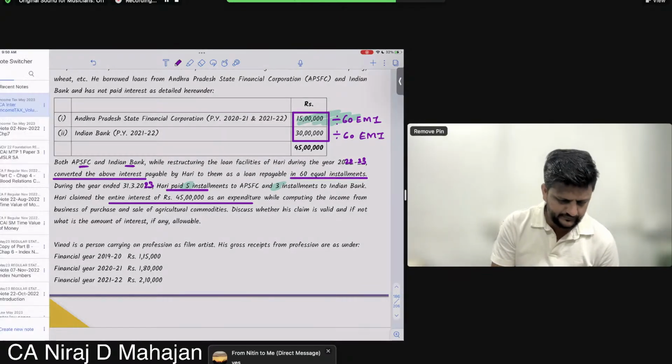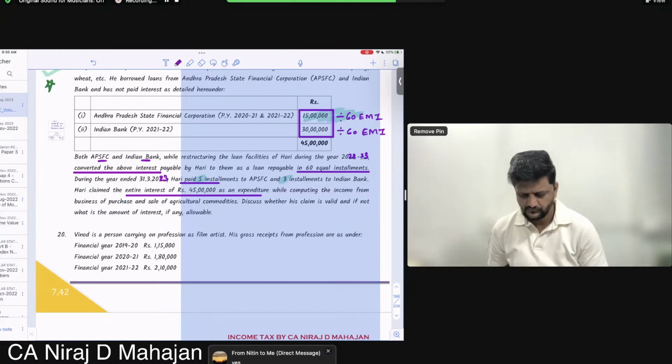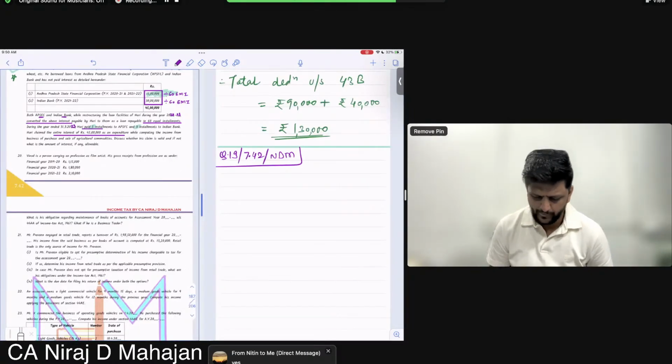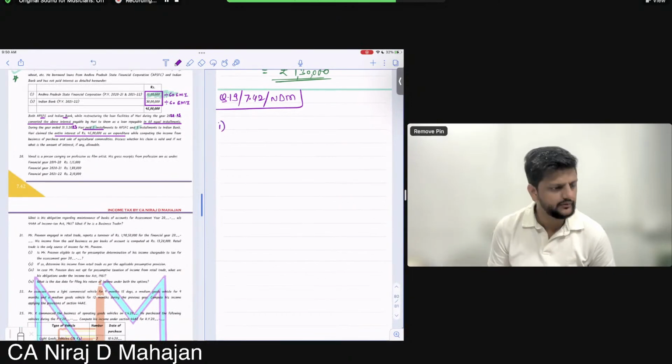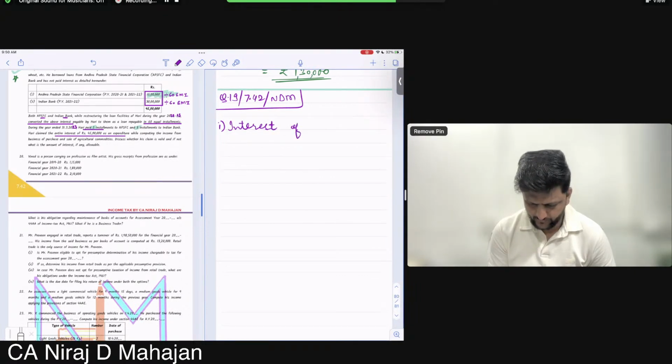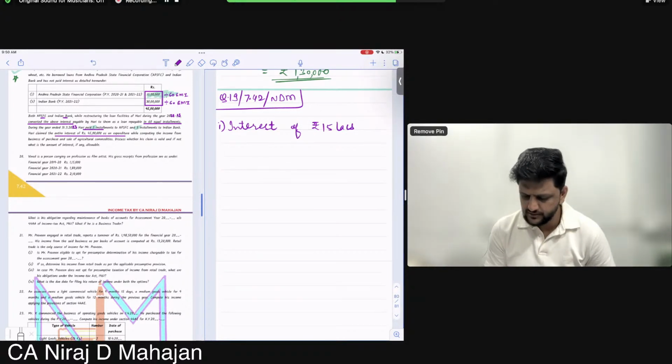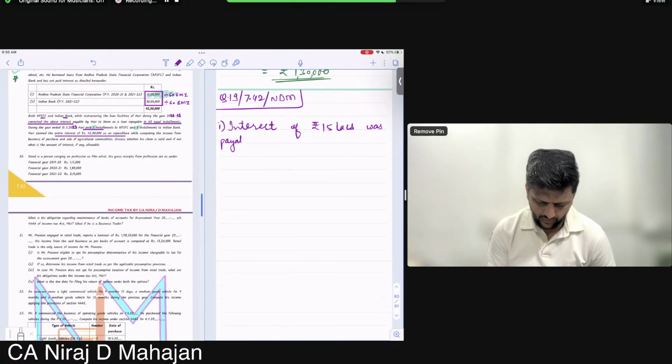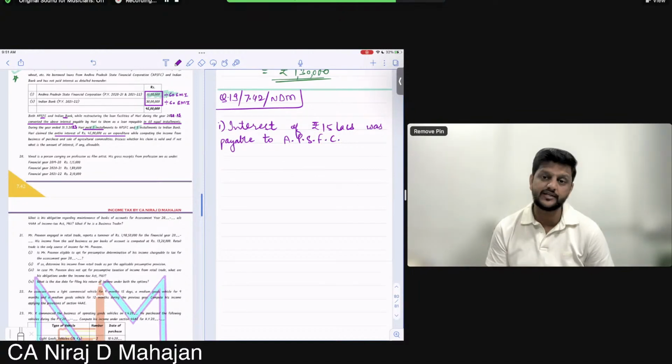Write down. Some theory part also I'm giving. Interest of rupees 15 lakhs was payable to Andhra Pradesh State Financial Corporation, that is covered under 43B.